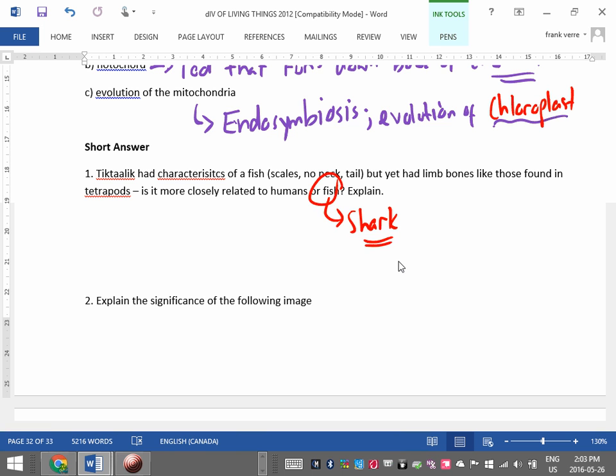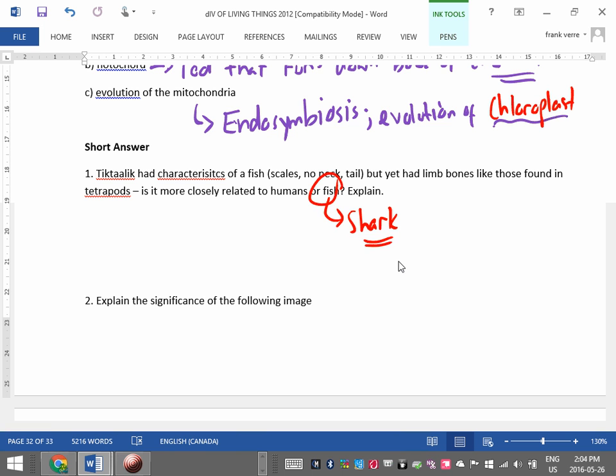The most recent characteristic is the most important characteristic. Remember we talked about Lucy? And Lucy had human-like and ape-like characteristics. It's the most recent characteristic that's more important. So of the characteristics, scales, no neck, tail, limb bones, which is the most recent? Limb bones. That's the one that trumps all the others. And that was not a Donald Trump endorsement.